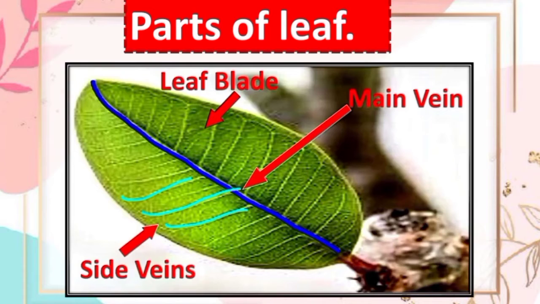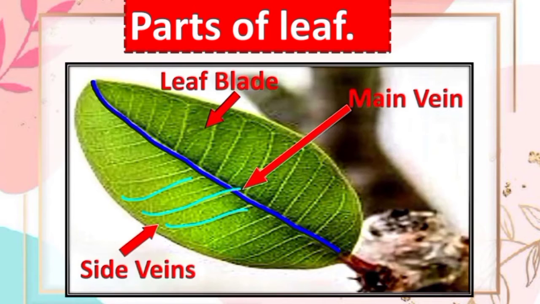The underside of a leaf contains millions of tiny openings, which are called stomata, and these tiny openings also help the plant; they let air flow in and out of the leaf.